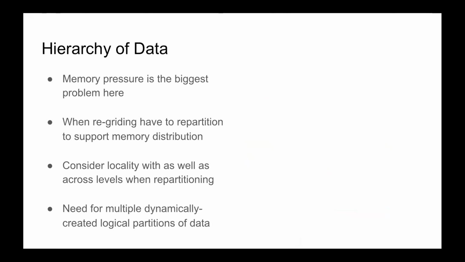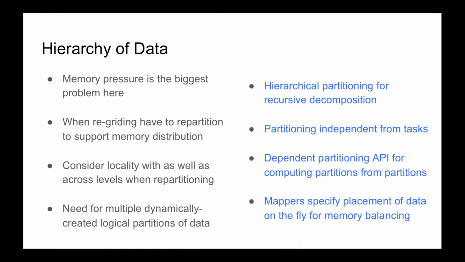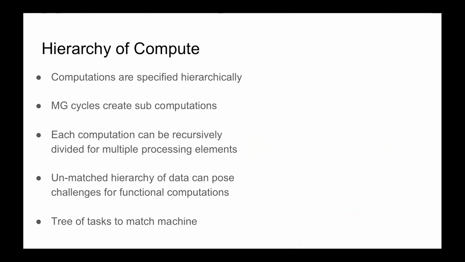And so what you really often want to have are multiple dynamically created logical partitions of your data, so that you can partition it in lots of different ways, and then have the ability to place it in lots of different ways based on the machine and the state of the machine, and how much memory pressure you're feeling. And so, Legion has some solutions. I'm going to skip those for now, just so I can finish the talk.